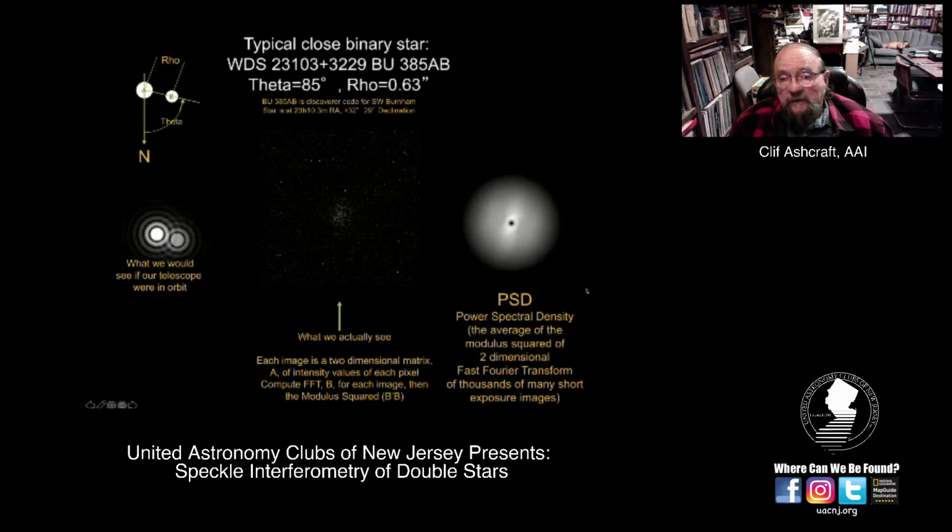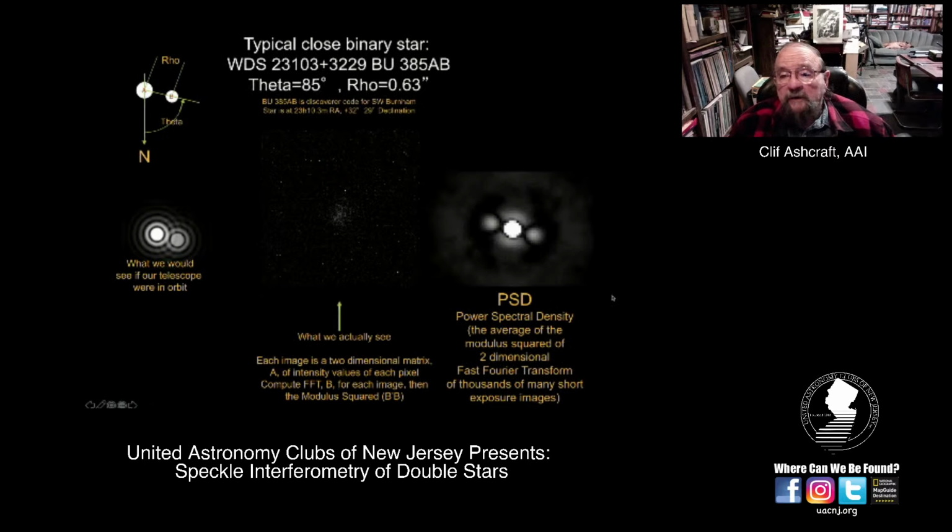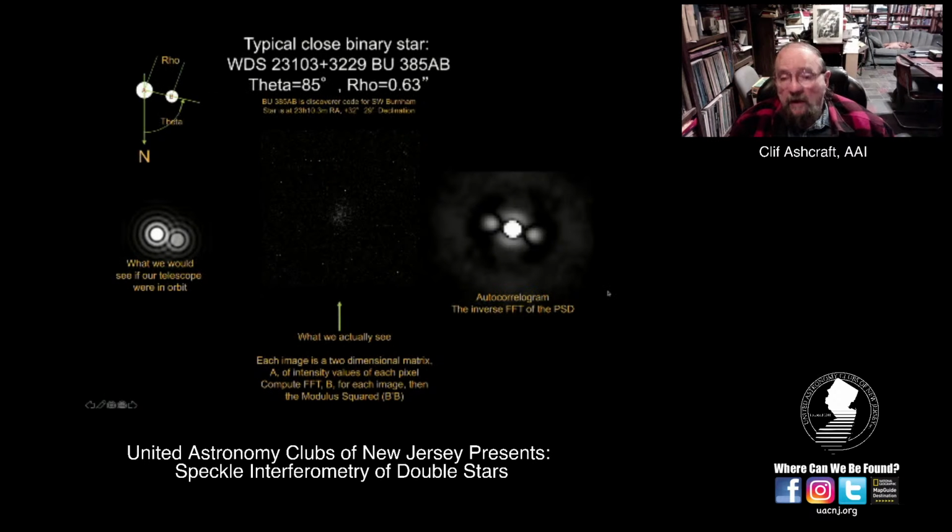Well, the final step is you take the inverse Fourier transform of this thing that looks like an image, and you end up with something called an autocorrelogram. This is the inverse fast Fourier transform of the power spectral density. And from this autocorrelogram, you can measure the properties of the double star with a great deal of accuracy.